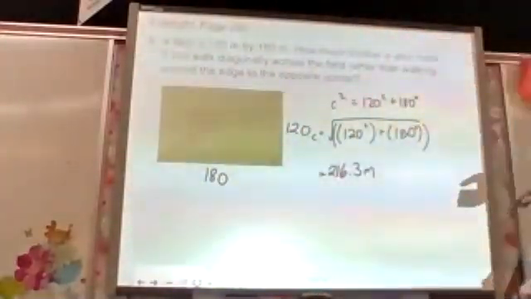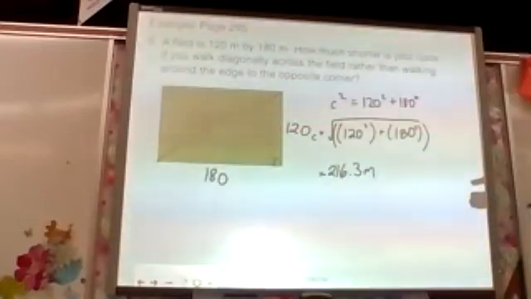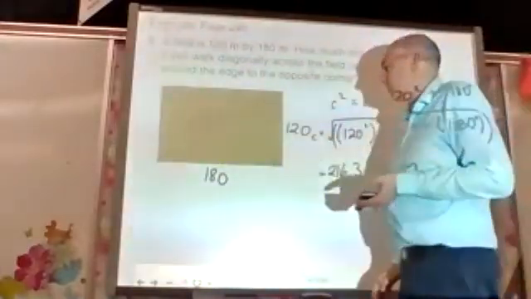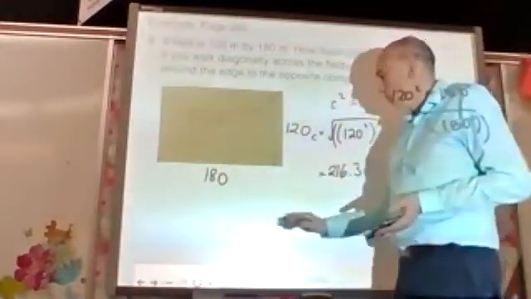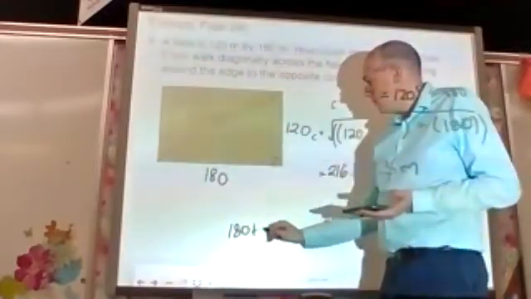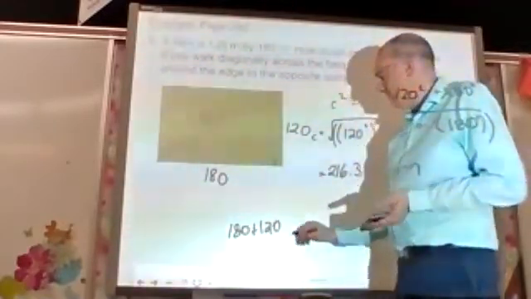216.3 meters. Is that my answer? Is it 216 meters shorter to walk diagonally across the field? No, that's how far it is to walk across the field. So how much shorter is it? Well, if you don't walk across the field, it's 180 plus 120 meters.